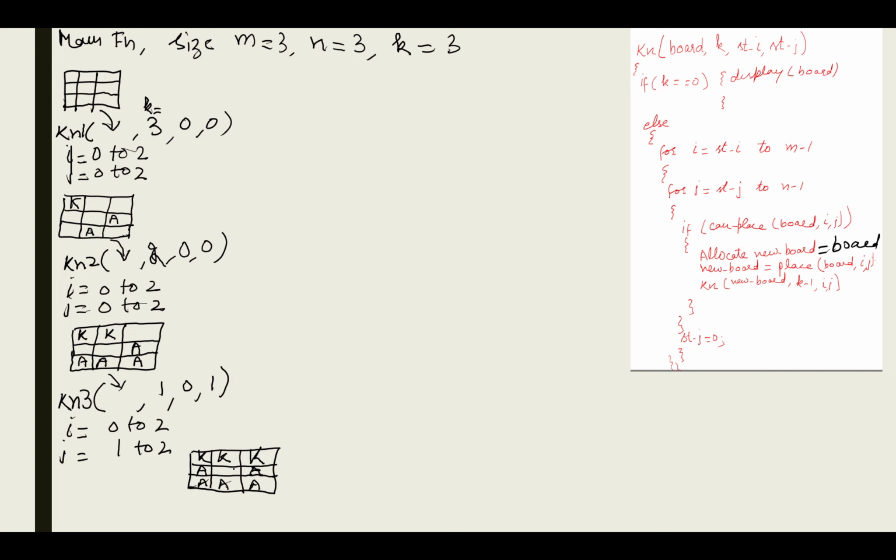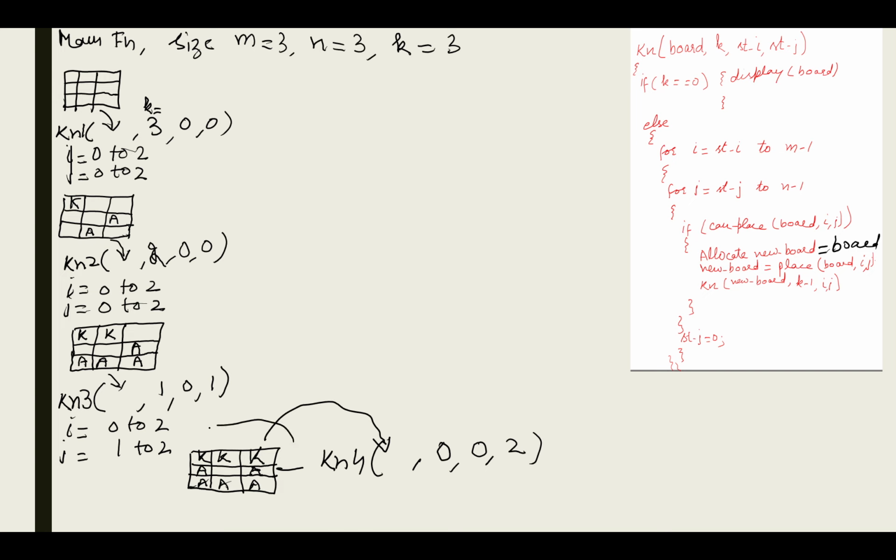So we have now placed the 3 knights which are not attacking each other, and after placing it, we call kn4. So for kn4, this board is given, k minus 1 is 0, the value of i is 0, the value of j is 2. Now in kn4, since the value of k is 0, it will display this board.